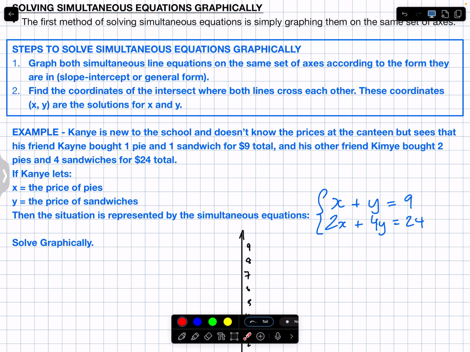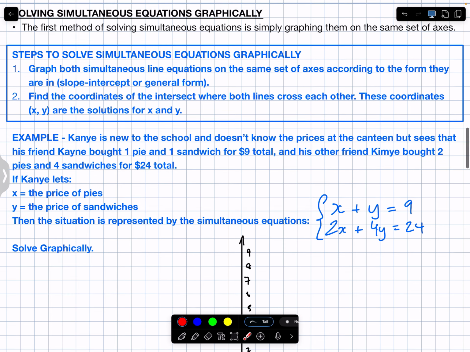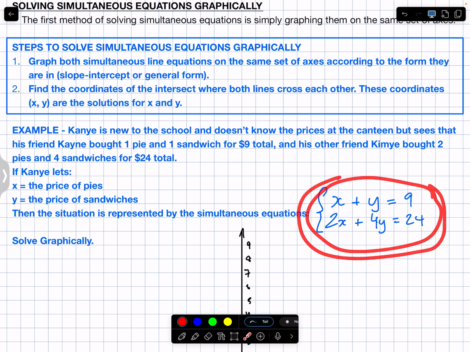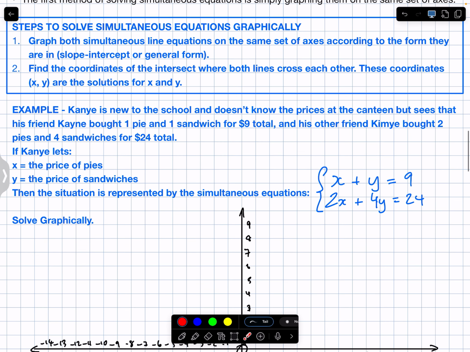All right, let's show you how to solve it. I'm not going to go through how we came up with these equations because that's what you helped me out with before. How do I graph that?